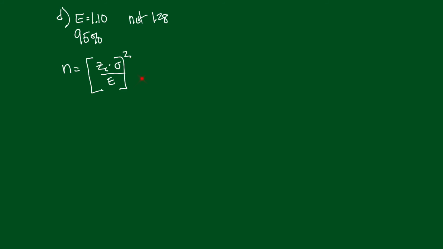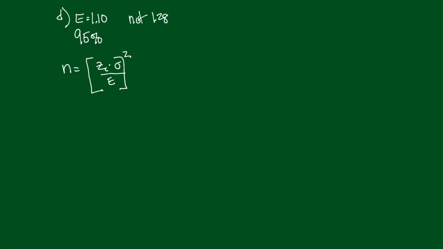The error is in the denominator, and when you make a denominator smaller, which we are, going from 1.28 down to 1.10, the whole fraction gets bigger. So if we decrease the error, we'll have to increase the sample size.